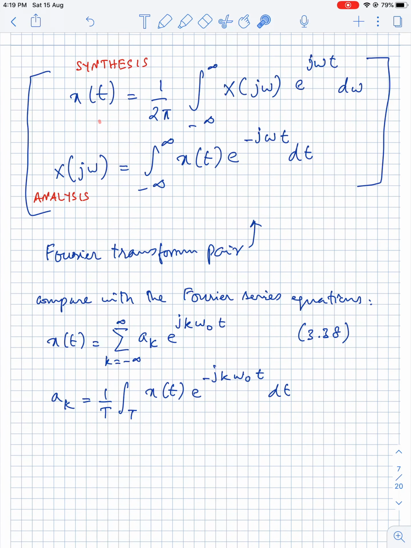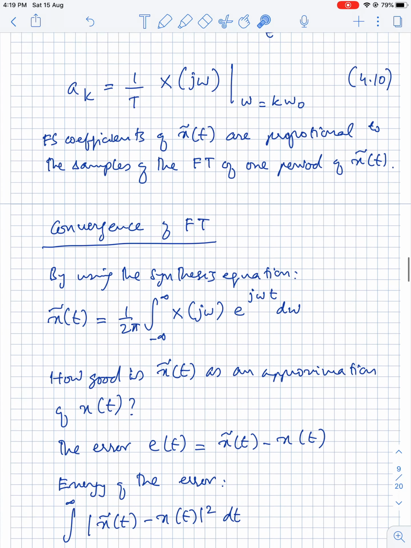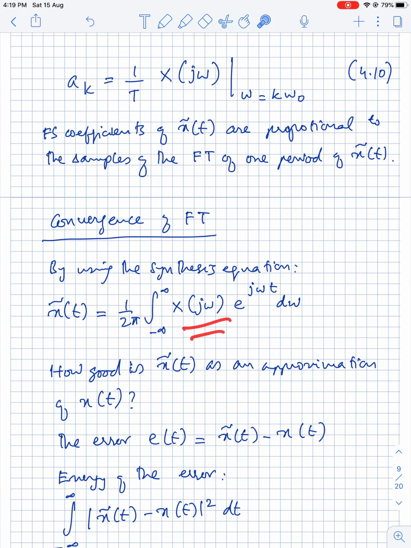We are going to represent x of t in terms of its Fourier transform. Let x of j omega be the Fourier transform, and we are representing the approximation x tilde of t, which is an approximation to x of t. These are the Fourier transform coefficients. We multiply by the basis vectors, and we get my representation x tilde of t.